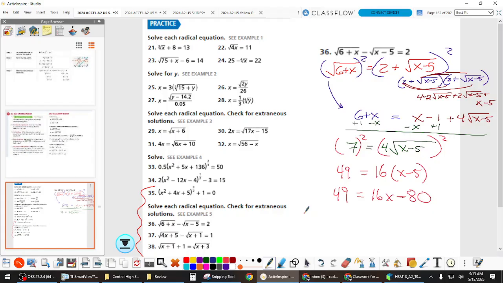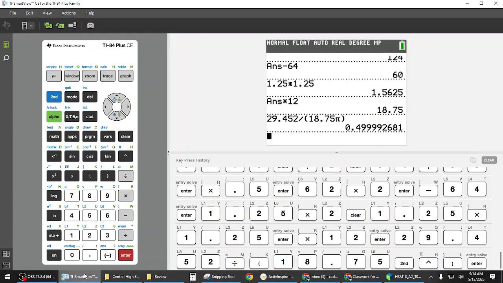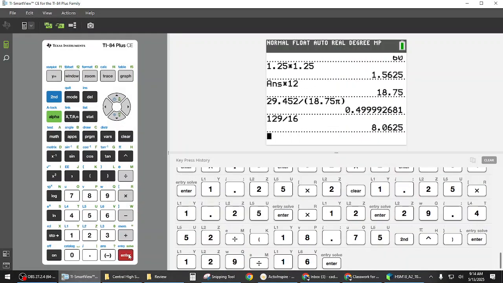In other words, the square gets rid of the square root, but then whatever's out front gets multiplied by both of those roots. Okay? So be careful with that. Anyway, add 80. What is 80? That's 129, I think. I minus the 80.